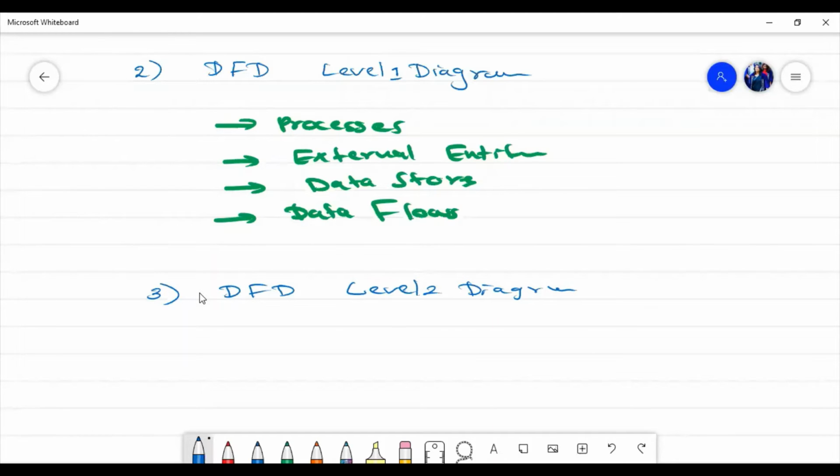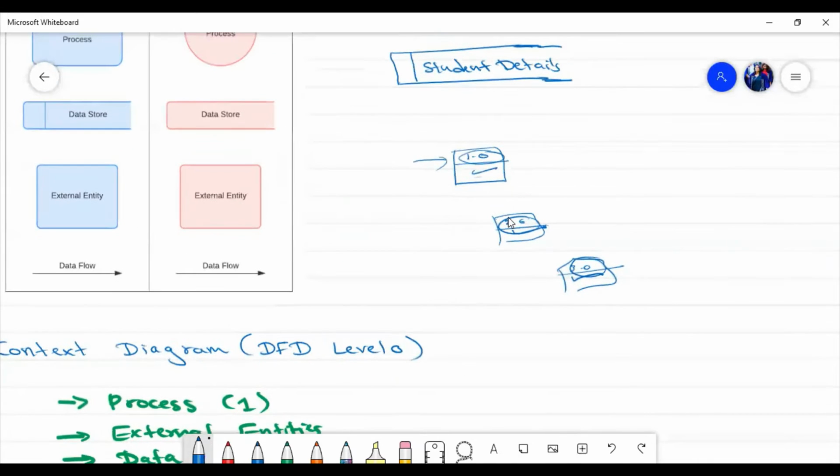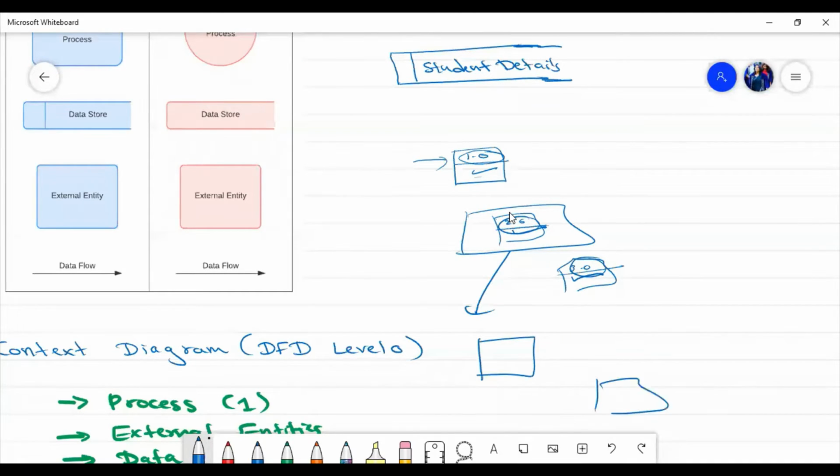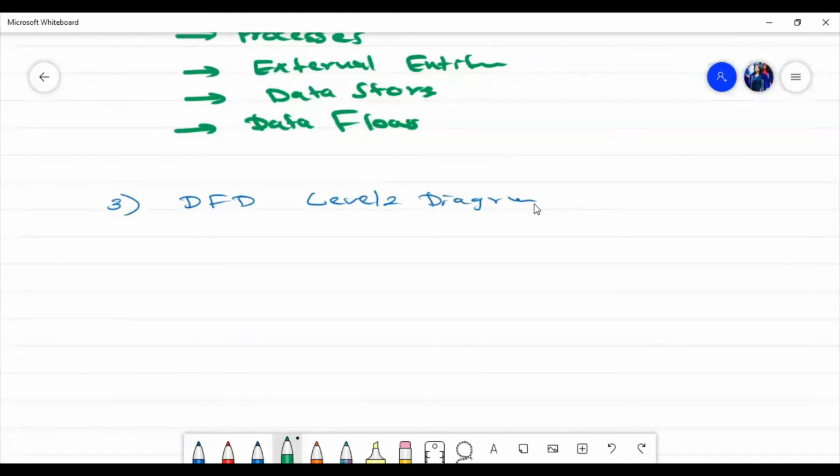I told you there could be many processes, 1, 2, 3. If you want, you can take the second process and divide it into sub-processes, 2.1, 2.2, maybe 2.3, like that. So this is known as the DFD level 2 diagram, right? There also we have to include the processes, sub-processes actually.